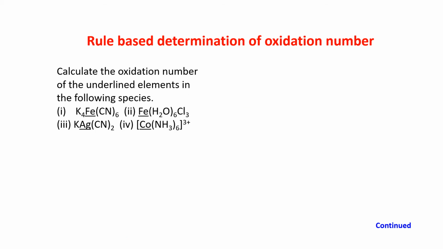Now to calculate the oxidation number of underlined elements in the following species. The first one is K4Fe(CN)6, number 1. You have to find out the oxidation number of Fe. Now you know that potassium is an alkali metal, so its oxidation number is +1. We are having 4 potassium atoms, so it will be 4 into +1.